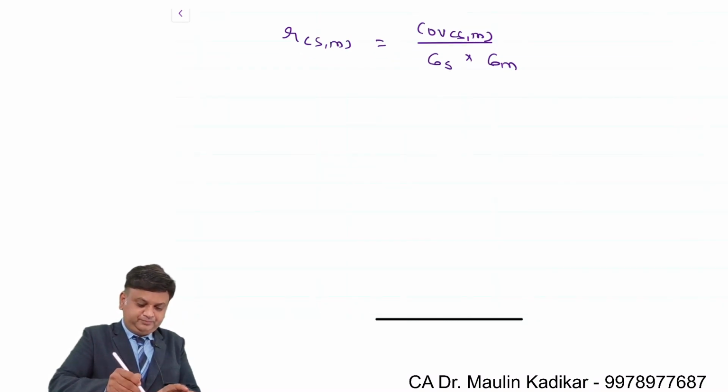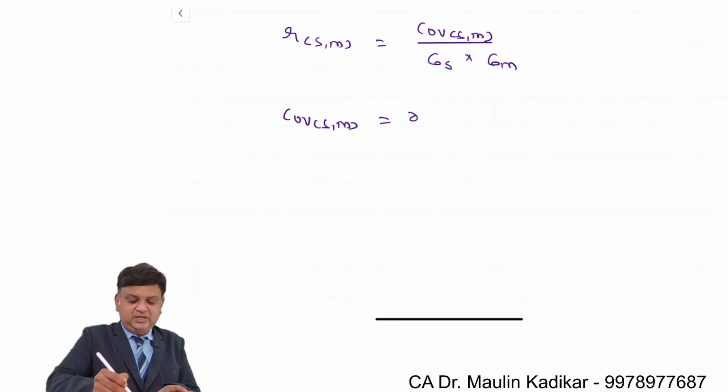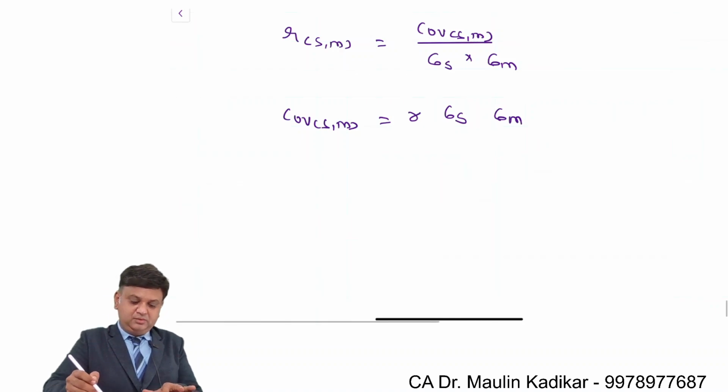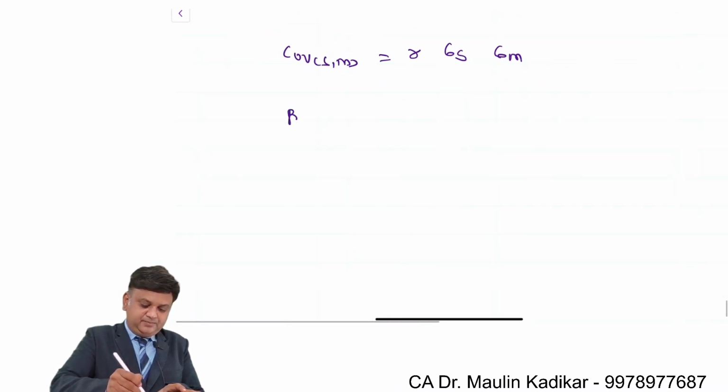Understand carefully. So the covariance of the security with market can be calculated as R into the standard deviation of the security into the standard deviation of the market portfolio.